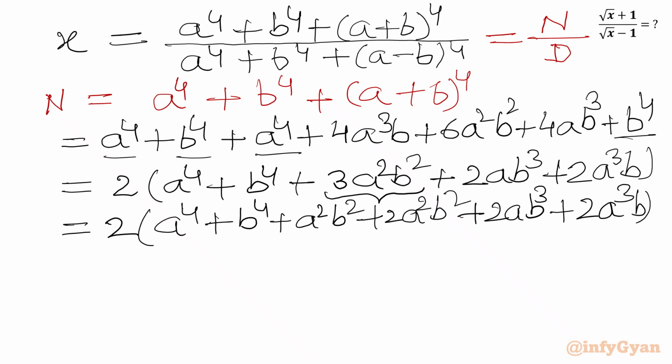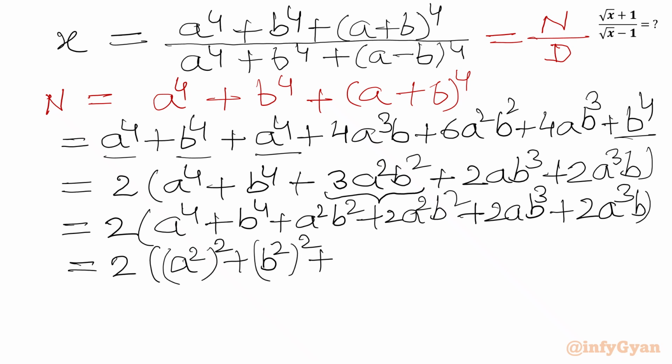Now we will write 2 times A power 4. We can write this as (A square) whole square, B power 4 as (B square) whole square. A square B square is (AB) whole square.